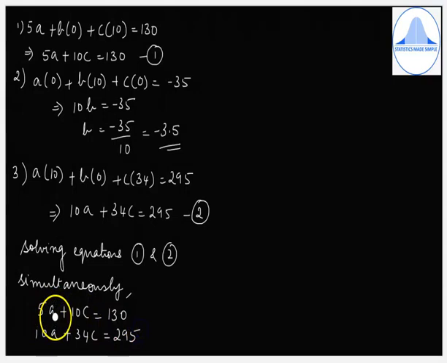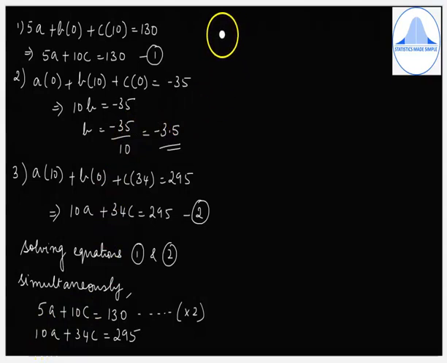So we have to either eliminate a or c. So let us eliminate a. So the coefficients of a in both the equations should be the same. So what I'll do is I'll multiply the first equation by 2 so that here I get 10. And when we subtract this equation from the next equation, a will vanish.